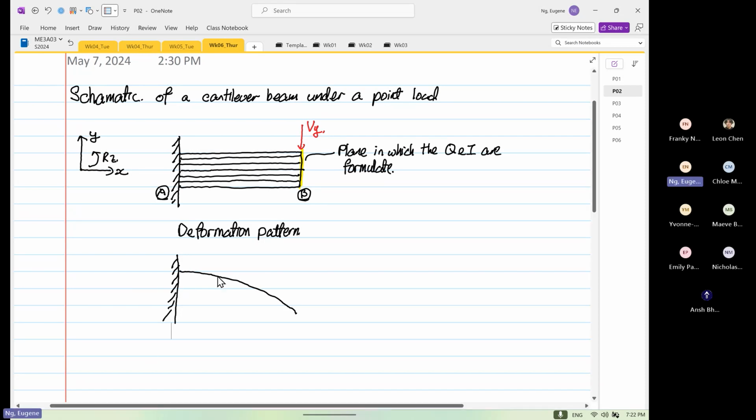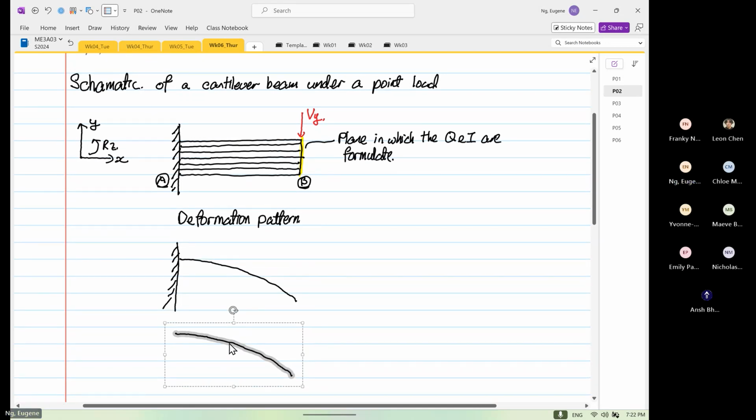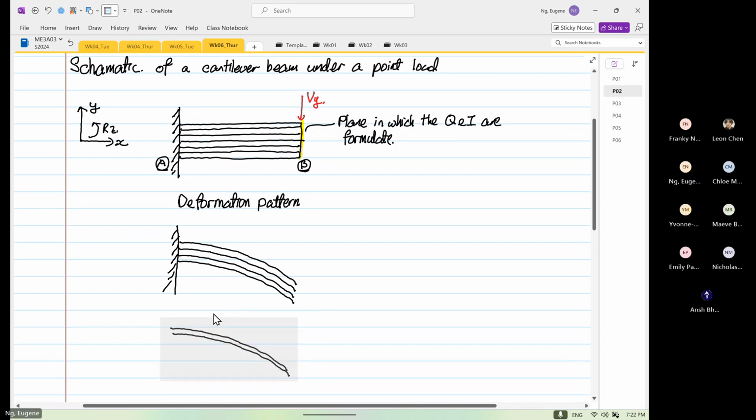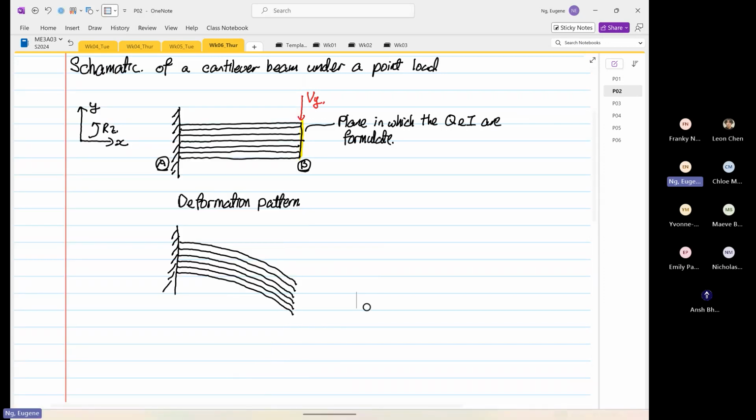Then all the layers will follow, layer by layer. I'm going to draw this closing this way, and the last one this way, right?